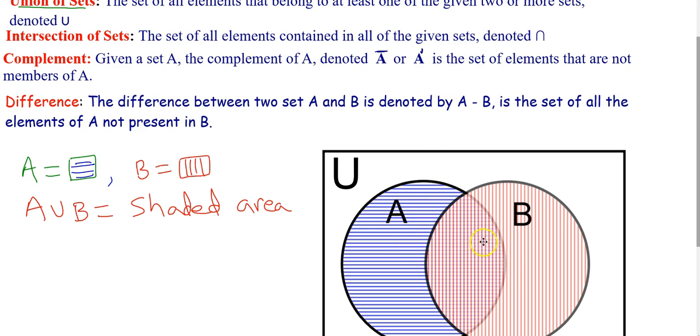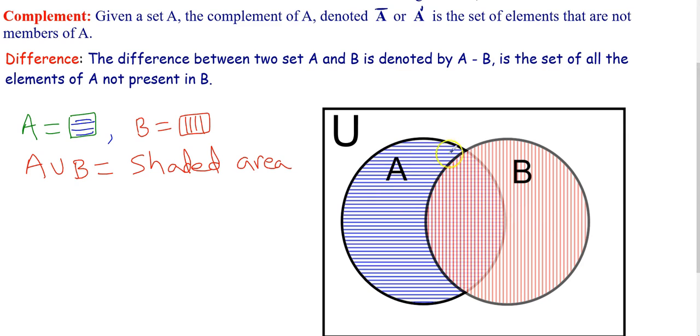In this example, we have only two sets, A and B. So only those elements which are present in both A and B. We are observing that this particular region, which is common to both A and B, is called A intersection B. In this case, you have all your blue lines and the red lines.